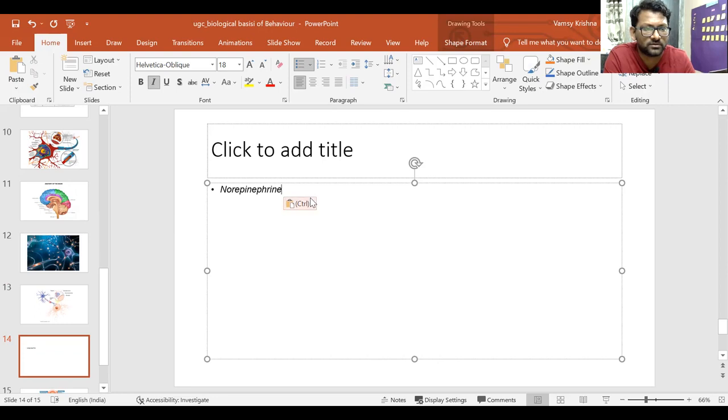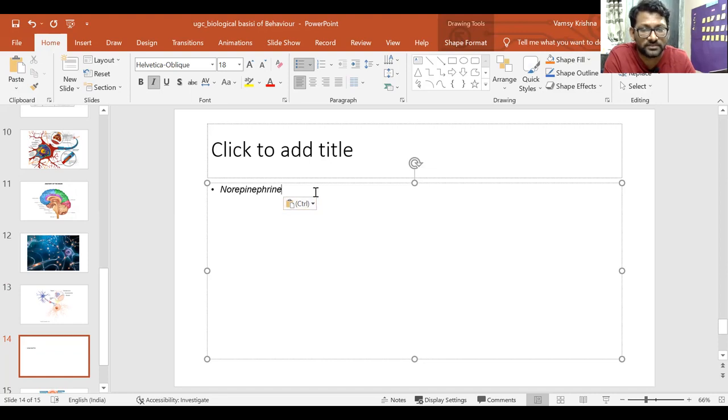So norepinephrine is responsible for this fight or flight response, involved in excitatory actions. It is also released in the brain to enhance attention and memory for emotionally charged events.